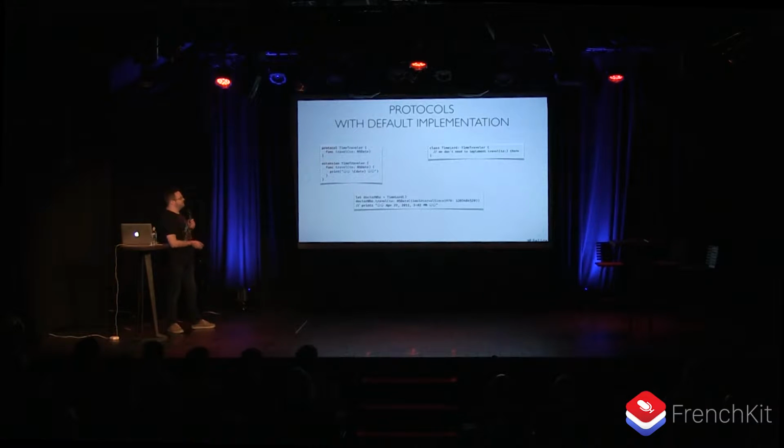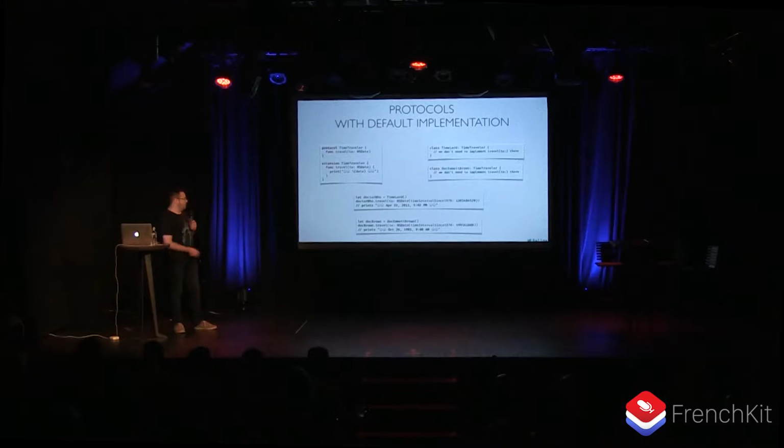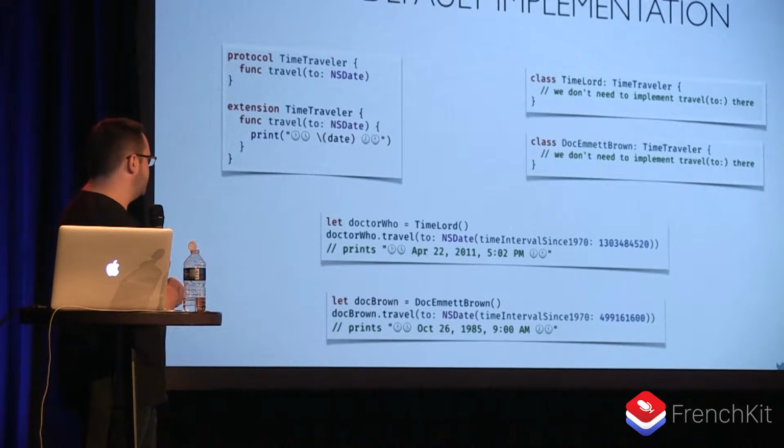So if we have a Time Lord there, just by the fact that we conform to TimeTraveler, we'll have the travel method for free. And we can call that without providing an implementation in the Time Lord. And of course, same for Doc Emerald, who is a time traveler. So because we conform to TimeTraveler and we have a default implementation, we'll have this implementation on all the instances.